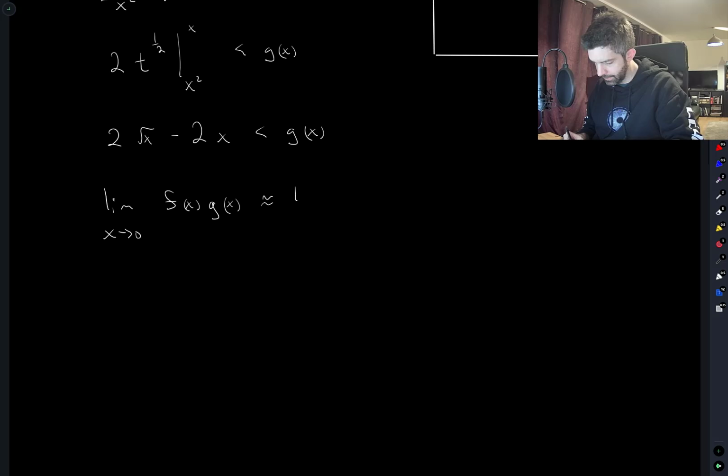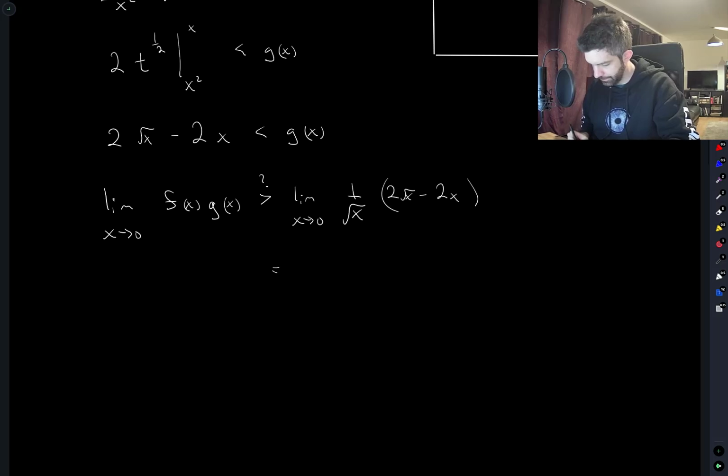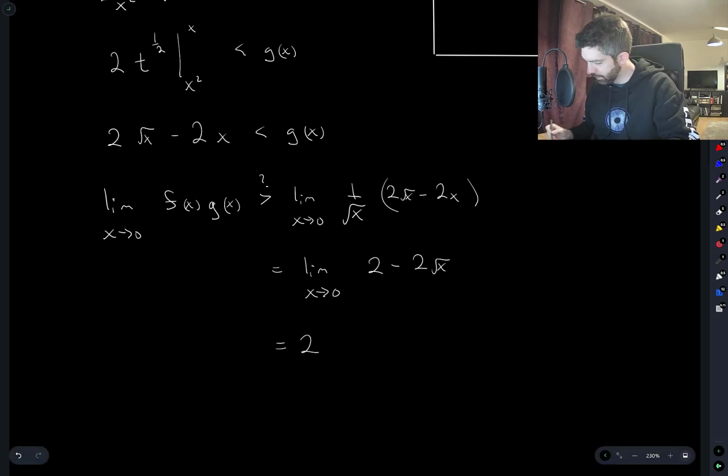So this is something like, I guess I should say this is bigger than or equal to, with a question mark, an approximation of some sort: 1 over root x times 2 root x minus 2x, which is the limit as x goes to 0 of 2 minus 2 root x, which is 2. And I'm pretty confident in that then.